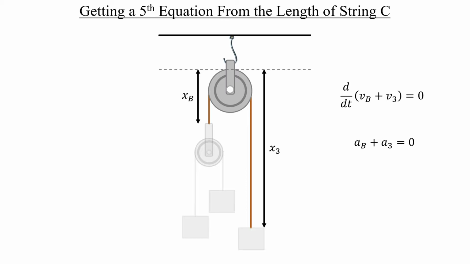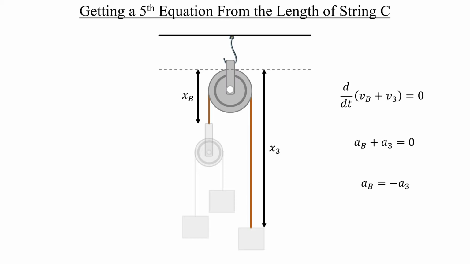By moving the acceleration of block 3 over to the right-hand side, we see that the accelerations of pulley B and block 3 are negatives of one another. This agrees with what we saw in the picture earlier. We still need one more equation, though.